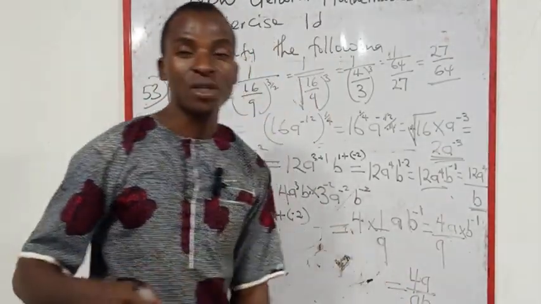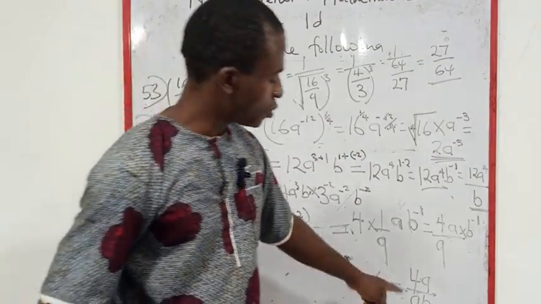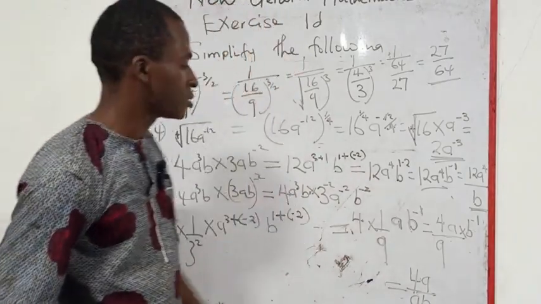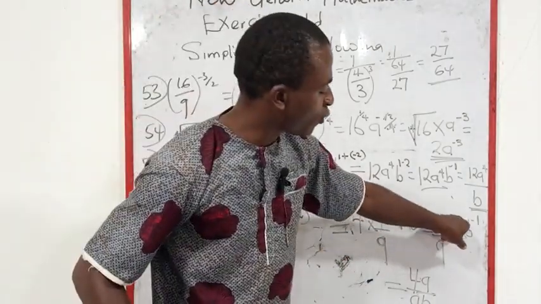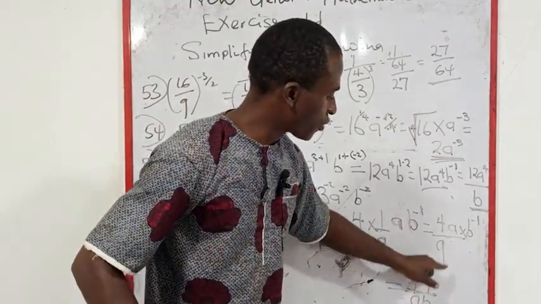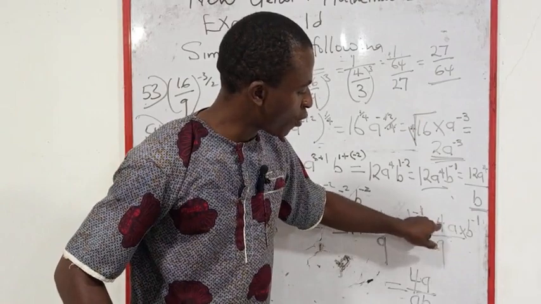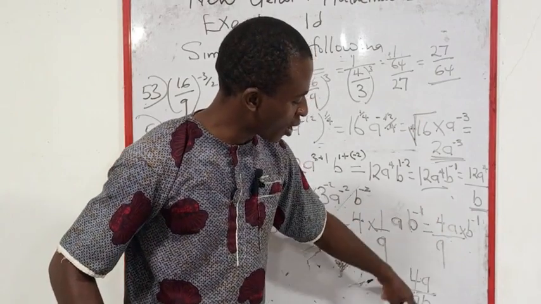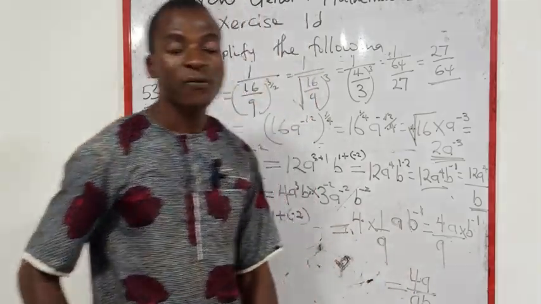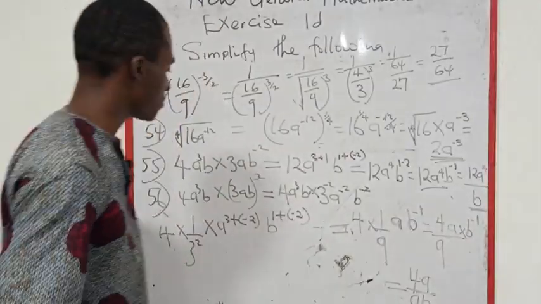So we now have 4a over 9b, because we apply our fourth law of indices, 1 over the number, that is 1 over b. So it will now be 4a over 9 times 1 over b, which gives us 4a over 9b.